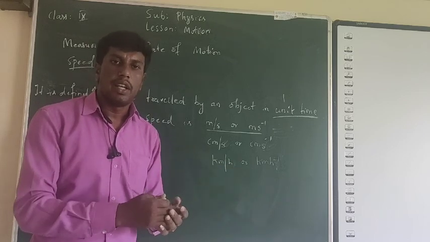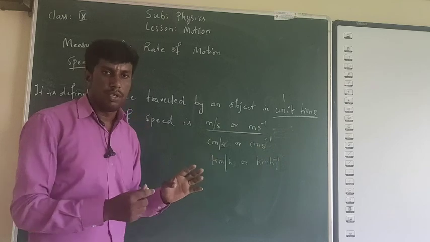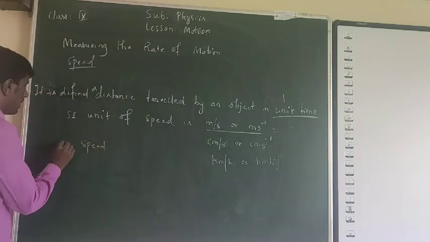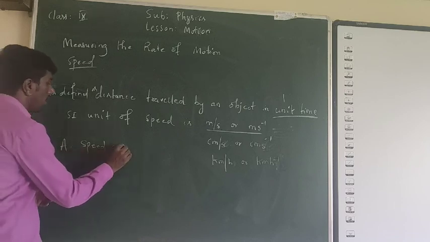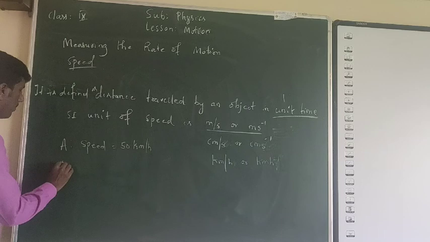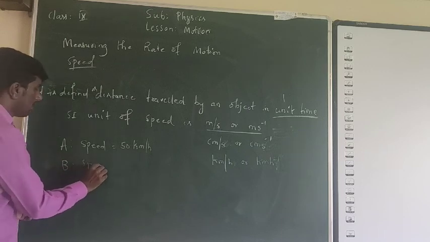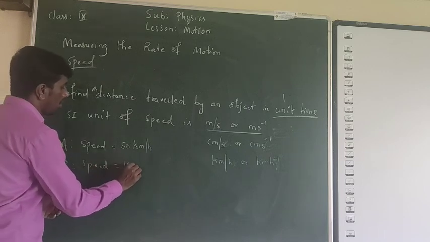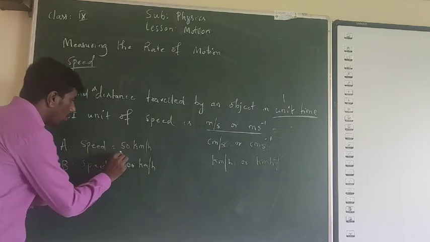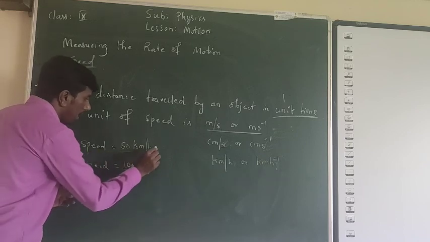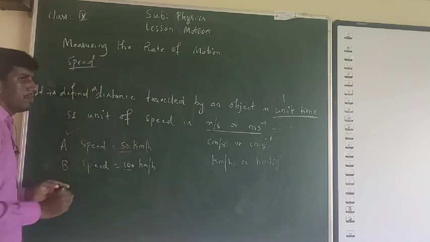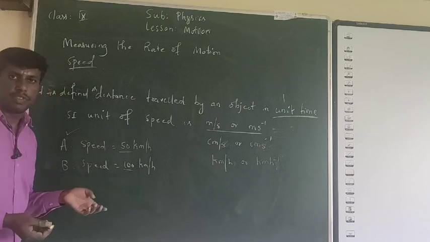If I say vehicle A speed is 50 km per hour, vehicle B speed is 100 km per hour, then by observing only 50 and 100 and the SI unit, you can say that object A will be moving slower than object B, right?